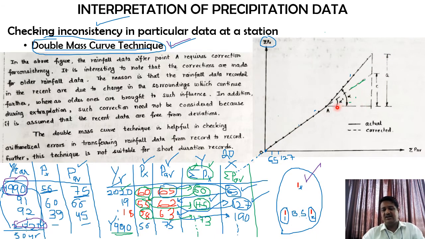Such calculations usually will be there for checking inconsistency with the help of the double mass curve technique. One more thing: whenever we solve these problems, it depends on the individual student, because it depends on the accuracy with which you mark these points, so there will be a bit of deviation.